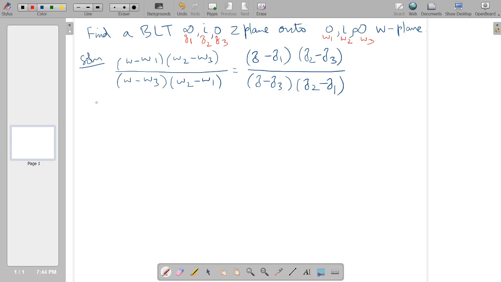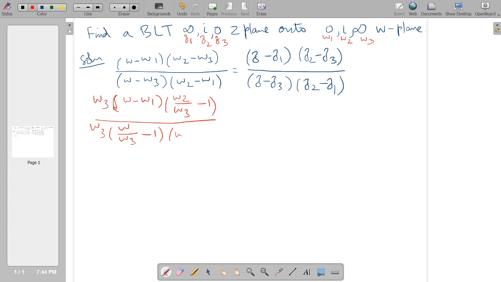So now what I do is I remove W3 in the left hand side. It will be W minus W1 into W2 by W3 minus 1. When I remove W3 in the denominator, I will have W by W3 minus 1 into W2 minus W1.